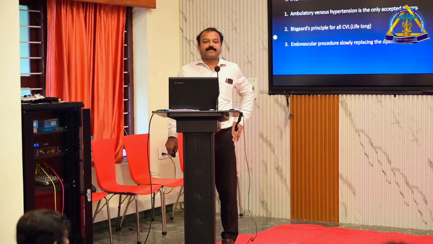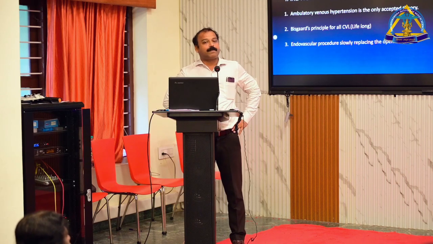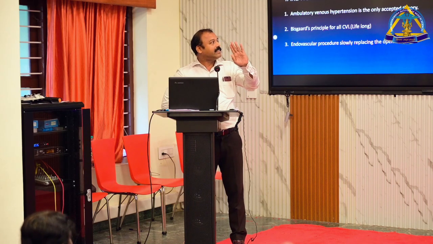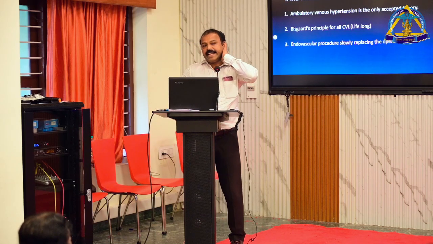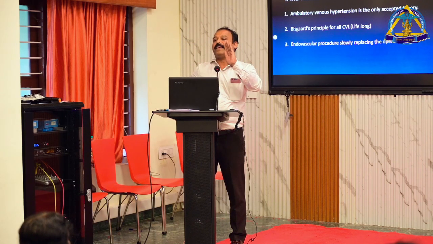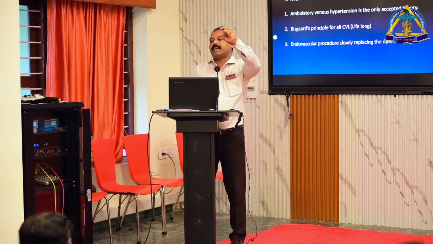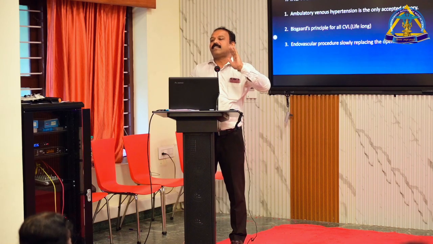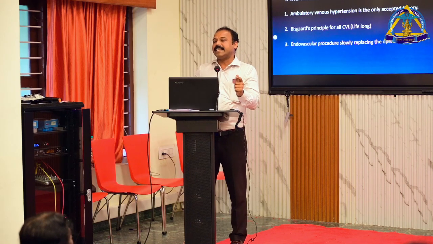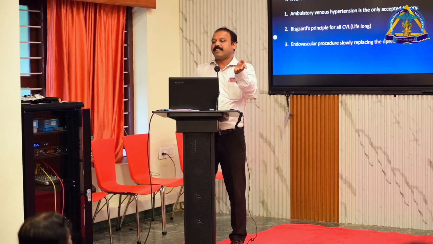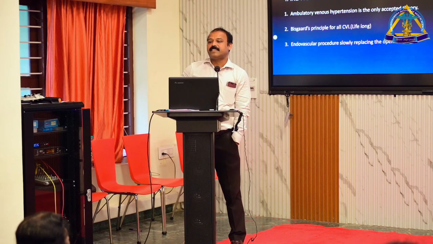Take home message: ambulatory venous hypertension is the only accepted theory, and Bisgaard's principle for all CVI is lifelong. What is CVI? Chronic venous insufficiency: edema, skin change, ulcer. Any patient with edema leg, ulcer and skin changes, pigmentation, lipodermatosclerosis, this is called chronic venous insufficiency.